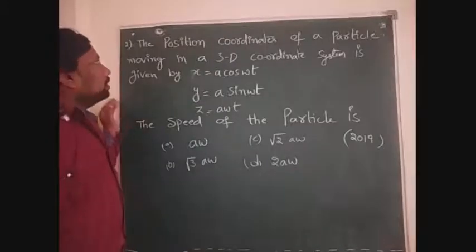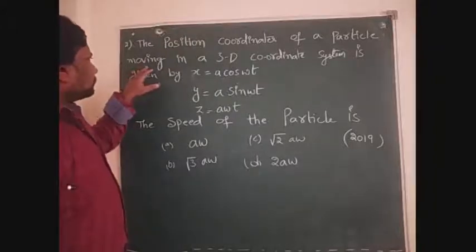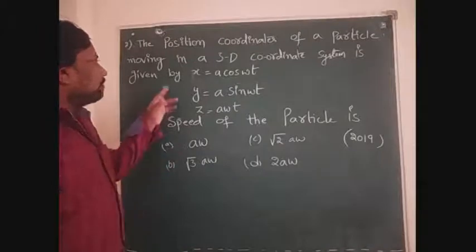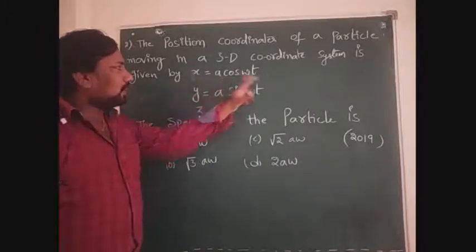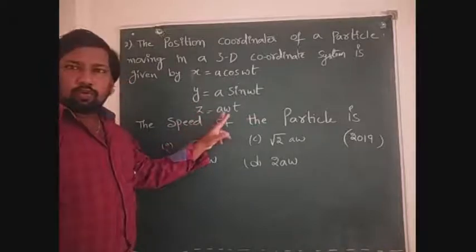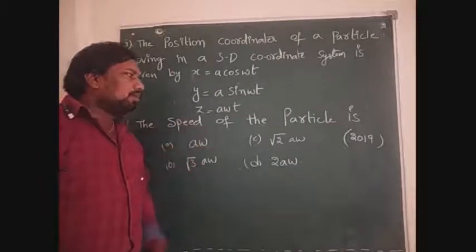Problem number 2. The position coordinates of a particle moving in a three-dimensional coordinate system are given by x equal to a cos omega t, y equal to a sin omega t, and z equal to a omega t. Now we can find the speed of the particle.